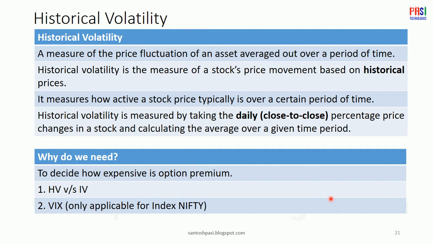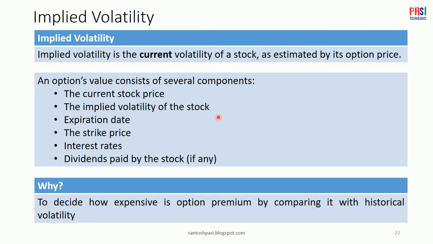So we see in the last 1 year what was my highest historical volatility, what was my lowest, and then we compare with the implied volatility, that is my current volatility. So historical means past sentiment versus implied means current sentiment.